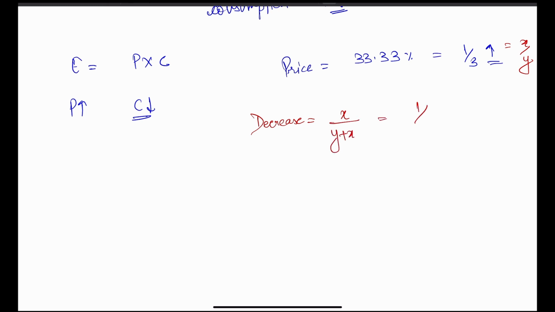So 1 by 1 plus 3, it is 1 by 4, that is 25%. 25% is the answer. Done. So this question is also done.